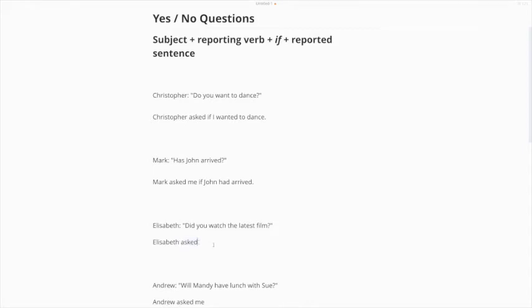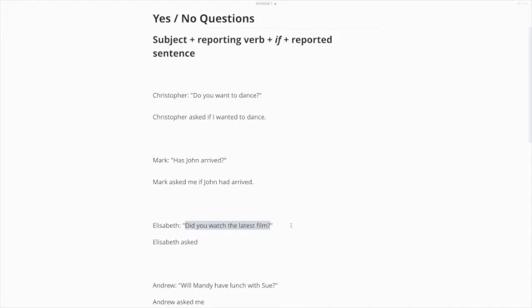And now we're going to do the reported sentence. We're going to turn this into affirmative word order, and remember, we're going to do it in its past form. Since we have did you watch the latest film, since we have a simple past, we need to turn that into its past form.